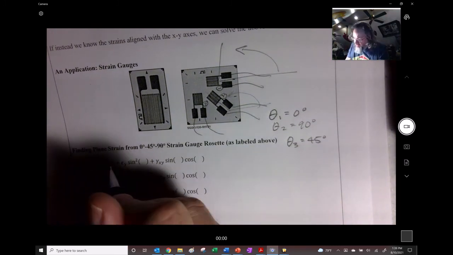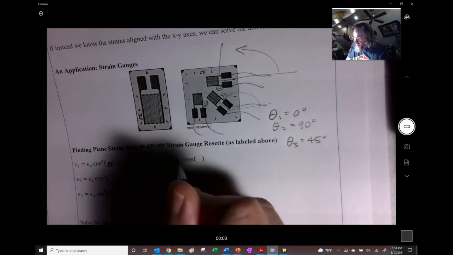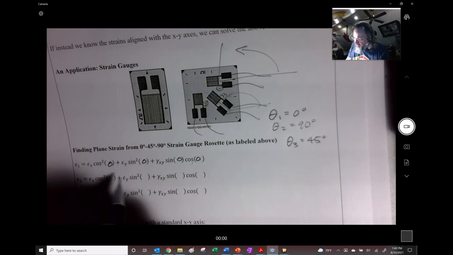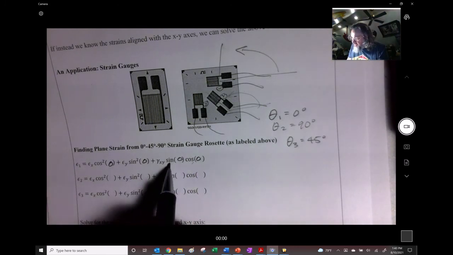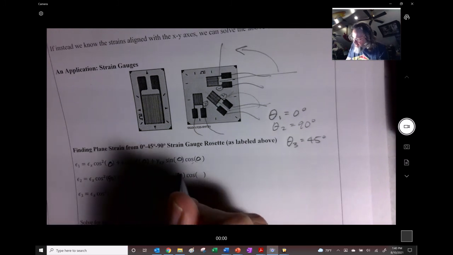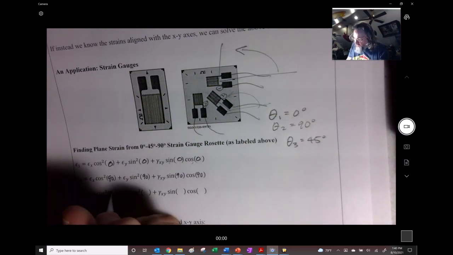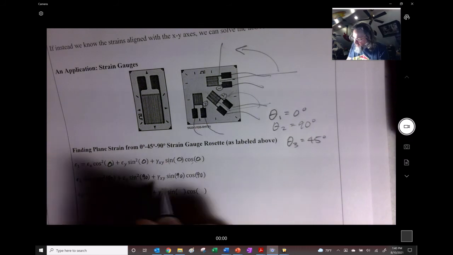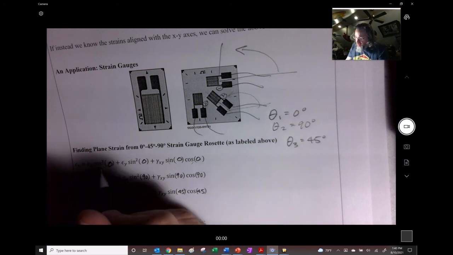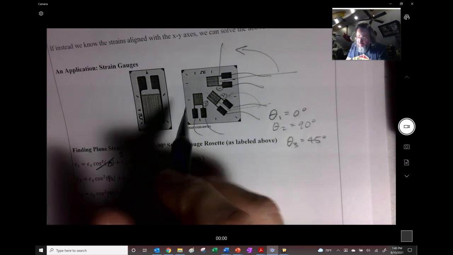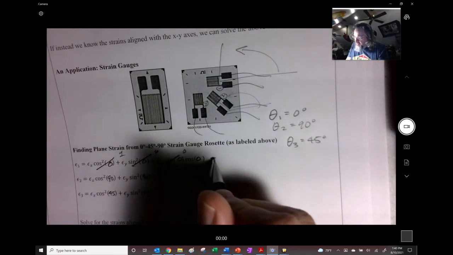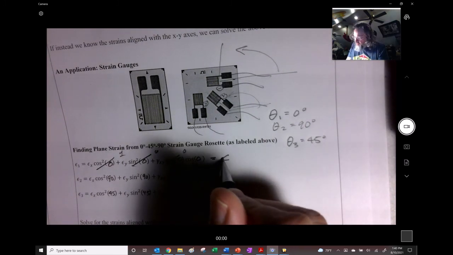let's put the zeros in here. And note that there's a sine and a cosine here. These are squared, but this is sine and cosine. And so we get 90, 90, 90, 90, and we get 45, 45, 45, and 45. All right, so this one goes to 1, this goes to 0, and because this goes to 0, we could say that epsilon 1 is equal to epsilon x.